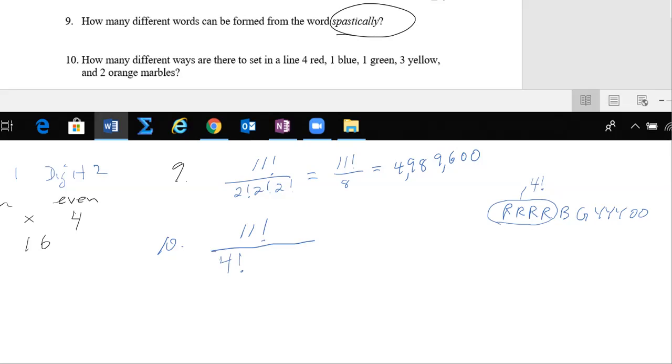I mean, we could also have the R's spread out throughout these, and that would be another permutation, which could then be duplicated 4 factorial times just by mixing up the R's again. In other words, you might have an R, blue, green, then an R, and a yellow, yellow, then an R, and a yellow, orange, orange, and an R. So that's 1, 2, 3, 4 R's.